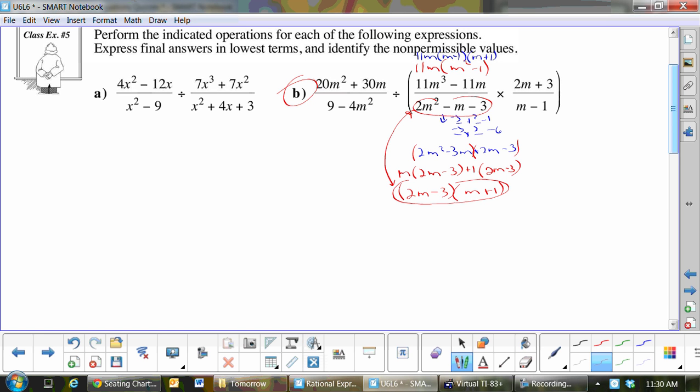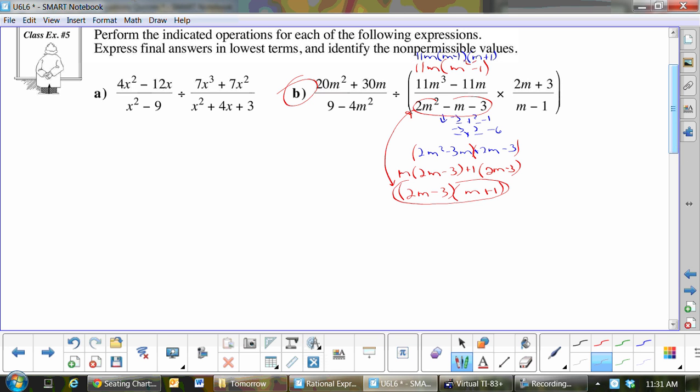Is there any more factoring? Is there any factoring I'd take out of 2m plus 3 or m minus 1? No, because then I'll have negative 2m plus 3, and I can't cancel there. So what is canceling though?